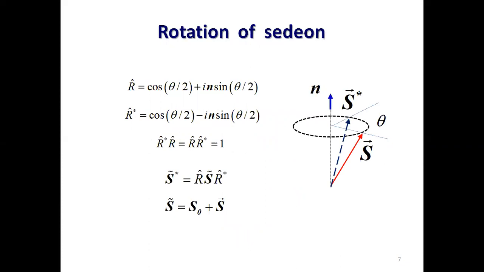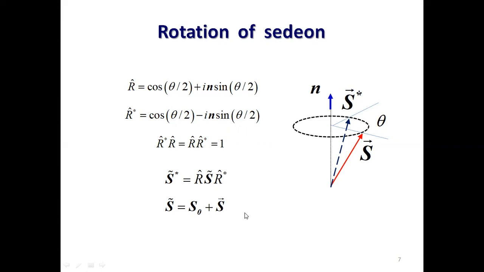Okay, rotation of Cdon. Rotation of a Cdon is carried out using so-called operators of rotation. Here, theta is the angle of rotation and n is the unit vector which defines the axis of rotation. The transformed Cdon is obtained by multiplication of the initial Cdon by the operators of rotation.